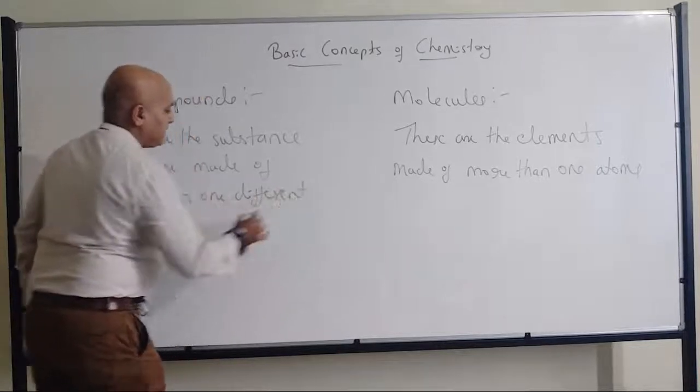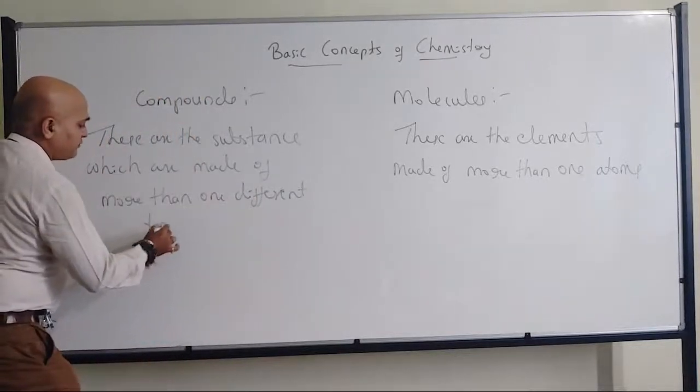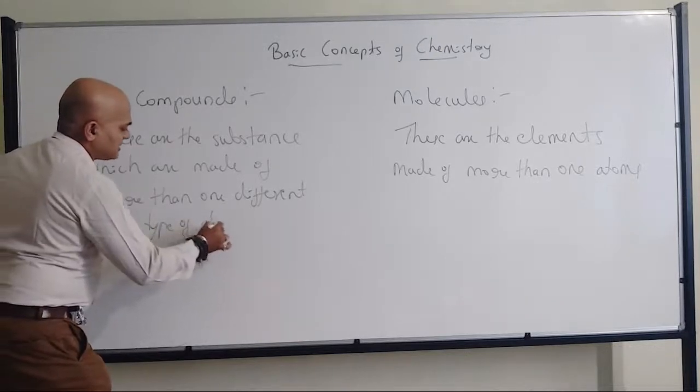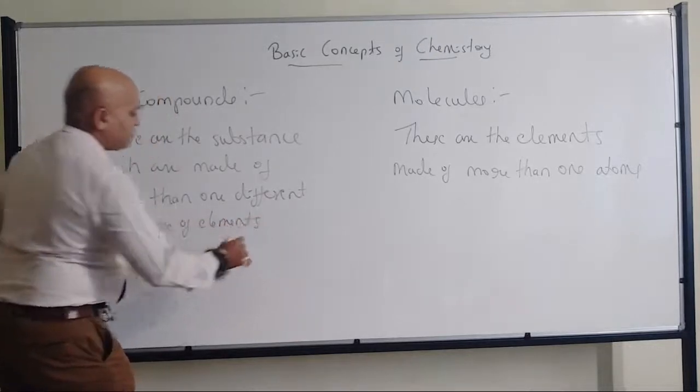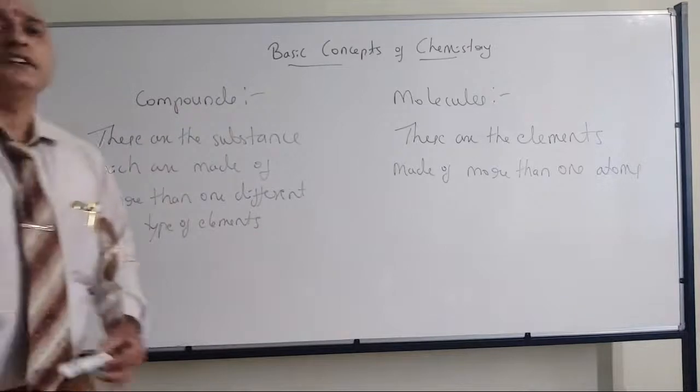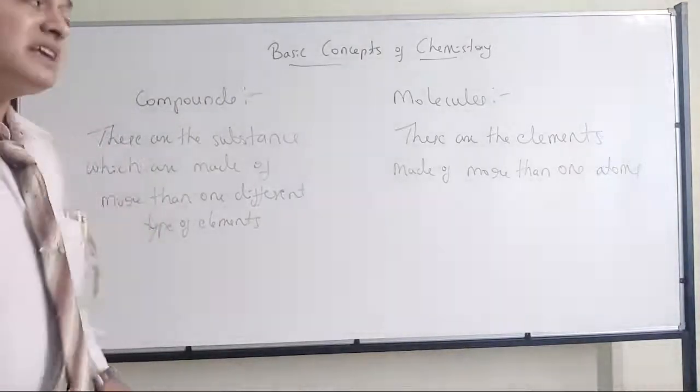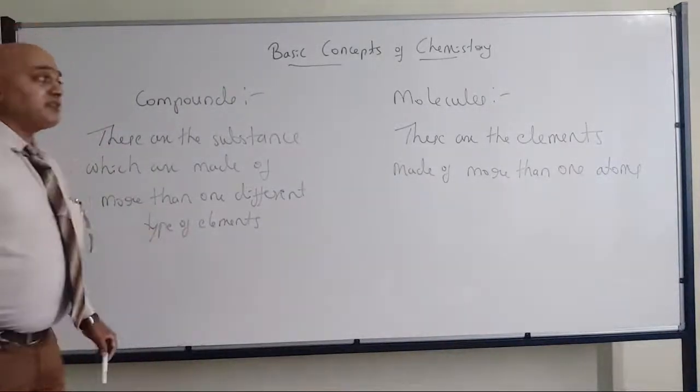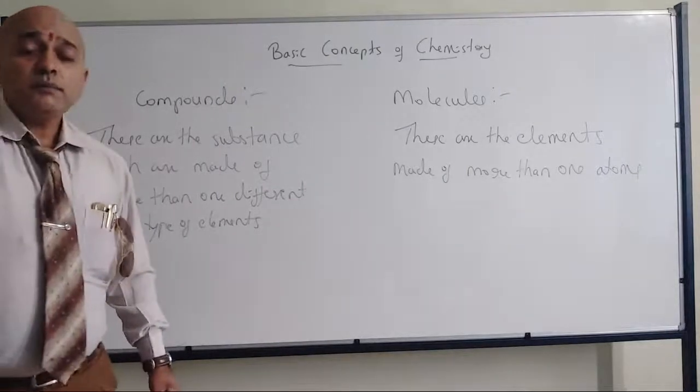More than one different type of elements, or you can simply write it as, they are made up of different types of atoms or elements. Anything is fine. So that's where we have the definition for compounds.